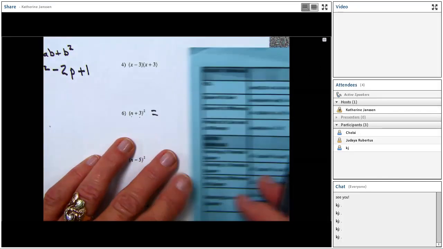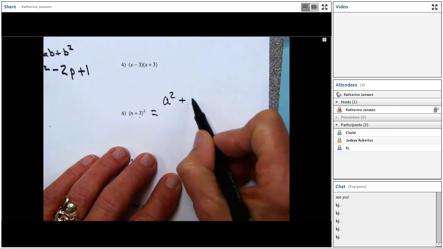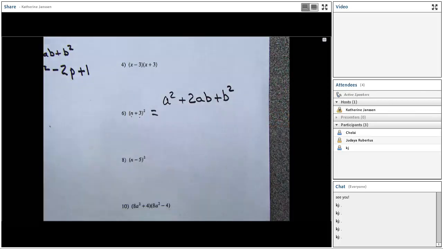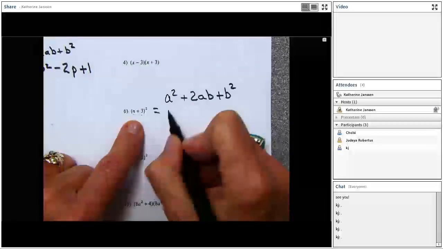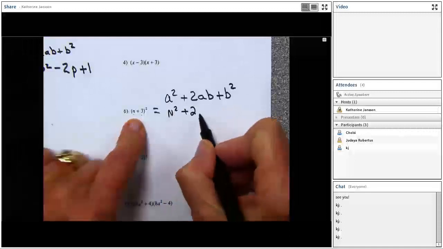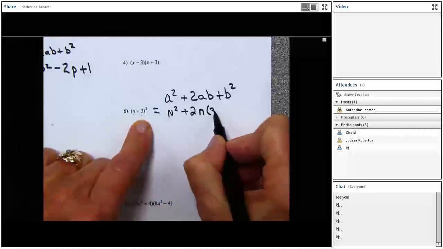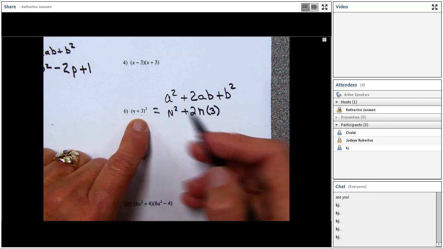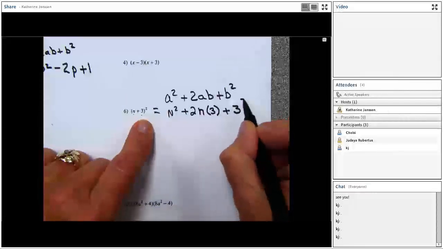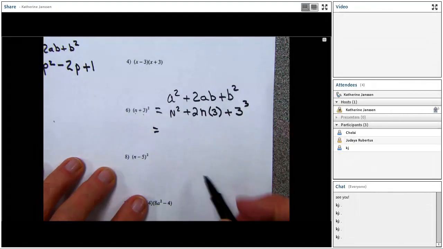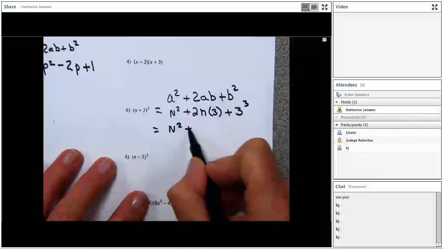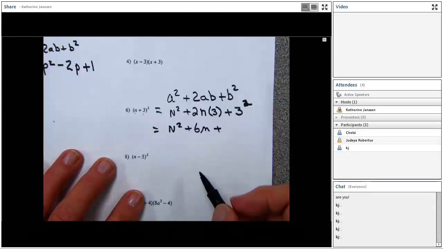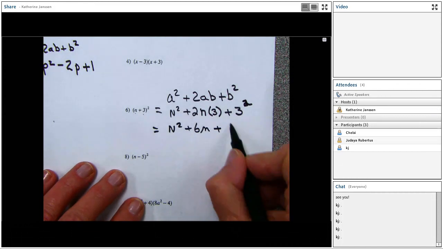So my answer is a squared plus, I'll collect two like positive middle terms and square the last term. My first term is n, I'll square it, plus 2 times n times 3, 2 times the product of the two terms, and square your last term would be 3 squared. Tidying that up a little bit, n squared plus 6n plus 3 squared, which is 9.